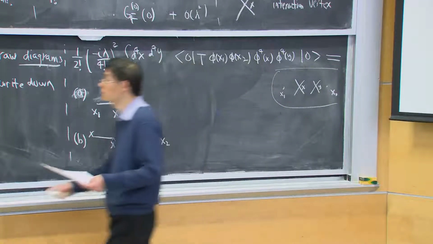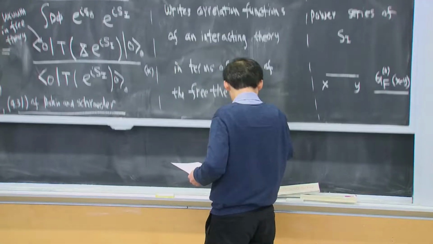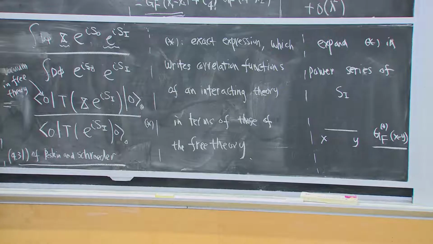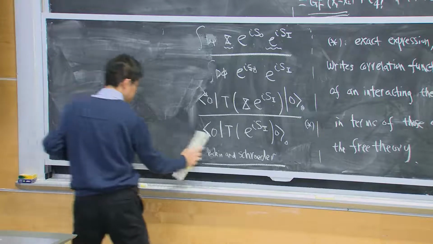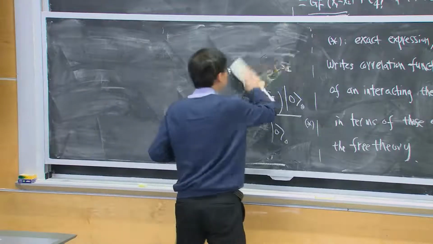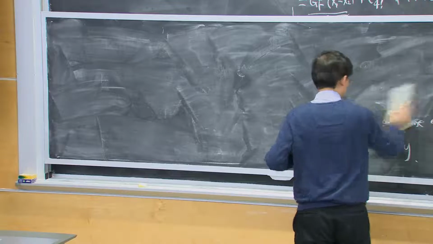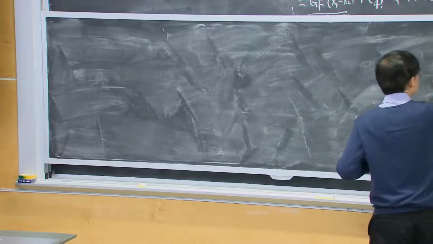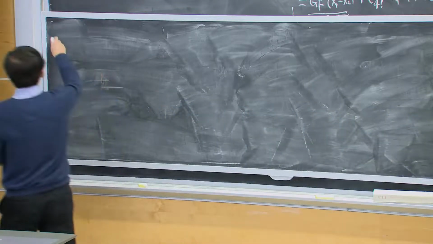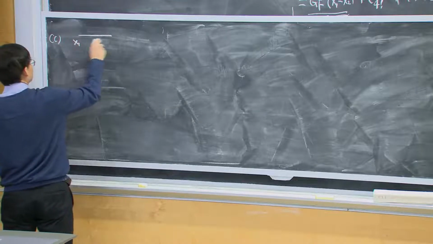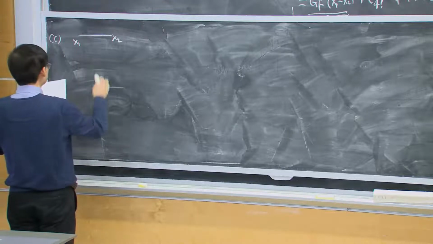And the third way is you connect x1 to x2 itself, and then you have to connect x and y.